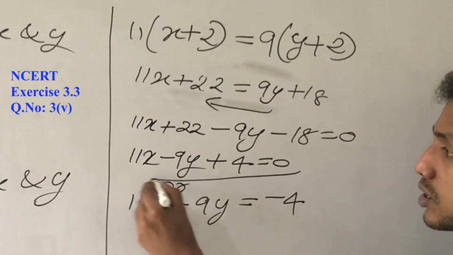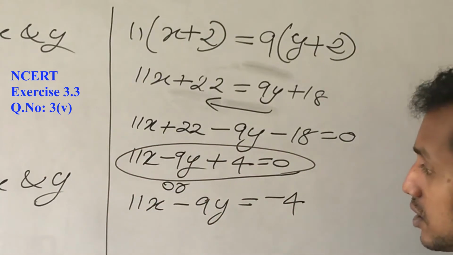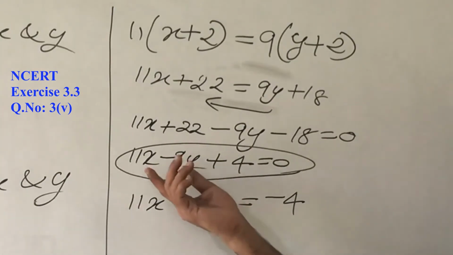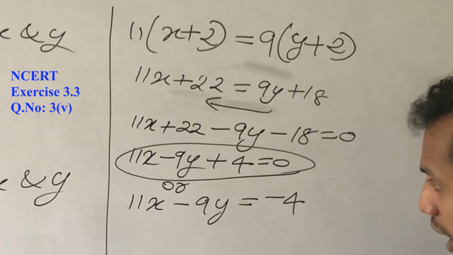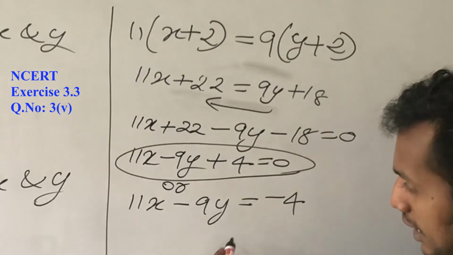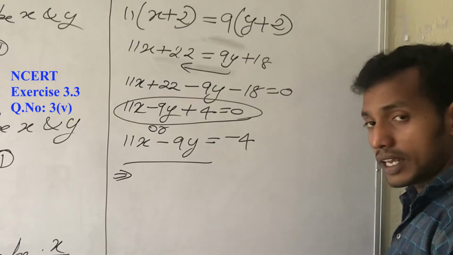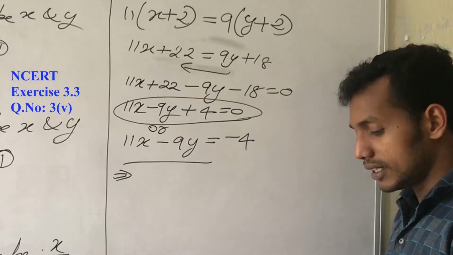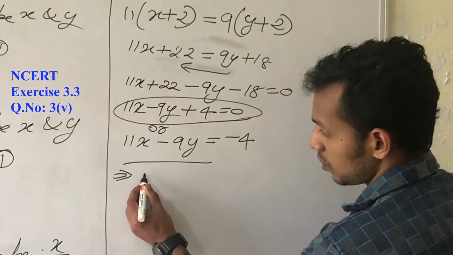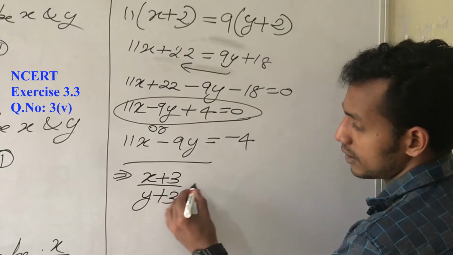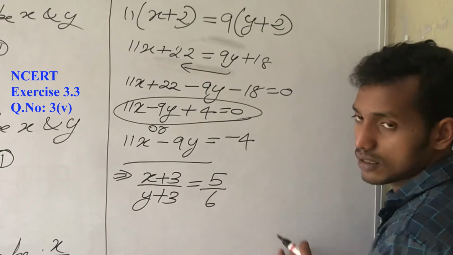This is the standard form, and this is the form which is easier for solving the equation in the case of the substitution method. In the case of elimination, no matter. Now, what is the second condition given in the question? If 3 is added to both the numerator and the denominator, it becomes 5 by 6.